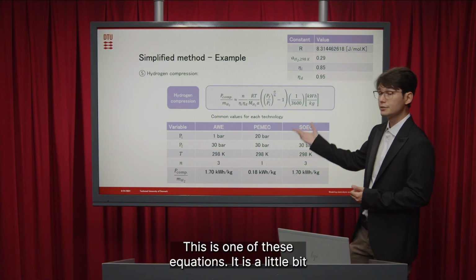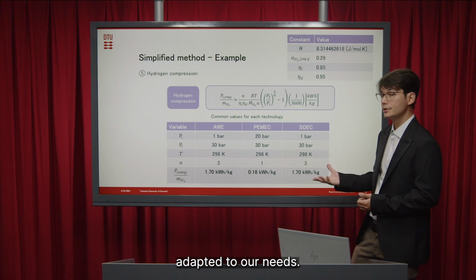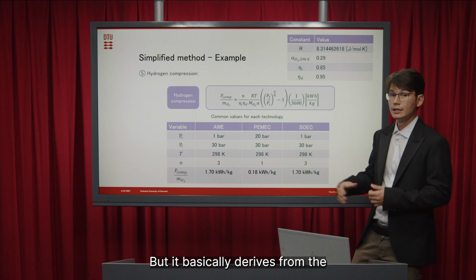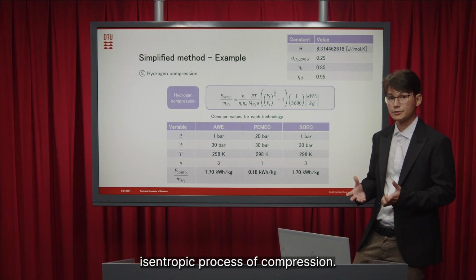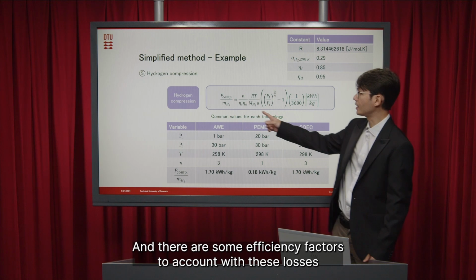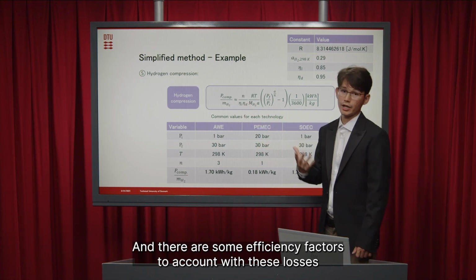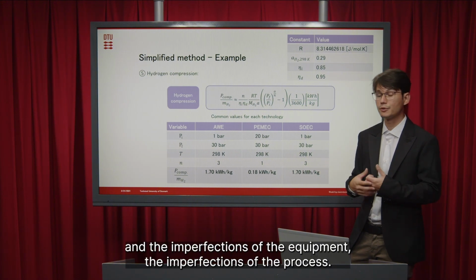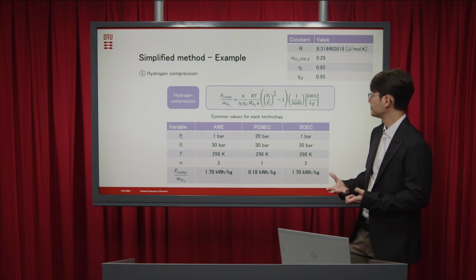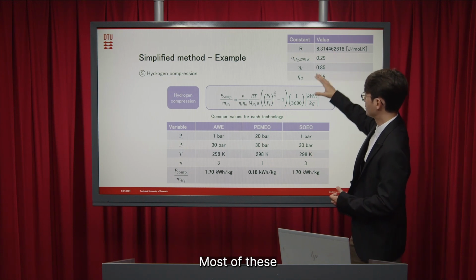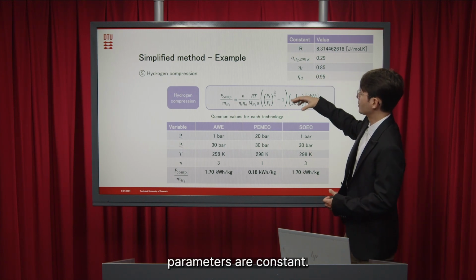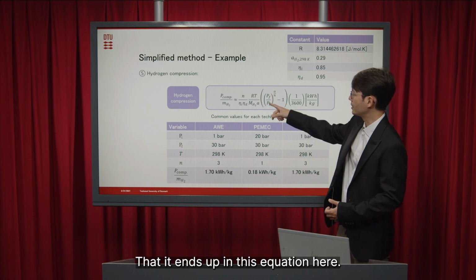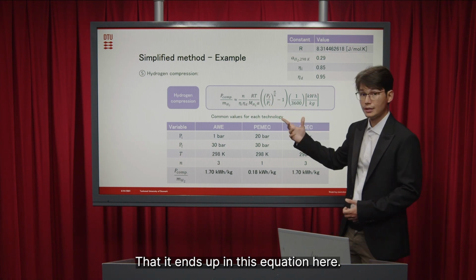This is one of these equations. It's a little bit adapted to our needs, but it basically derives from the isentropic process of compression. And there are some efficiency factors to account for losses from imperfections of the equipment and of the process. Most of these parameters are constant, but what is not constant is this pressure level difference that ends up in this equation here.